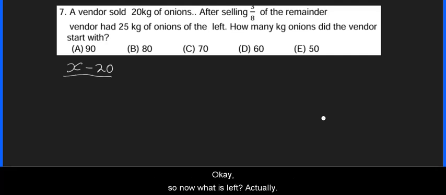Okay, so now what is left actually? Okay, what is left? And what is left, it is 5 over 8. The remainder that is left, it is actually 5 over 8.